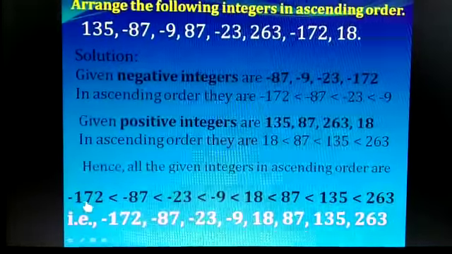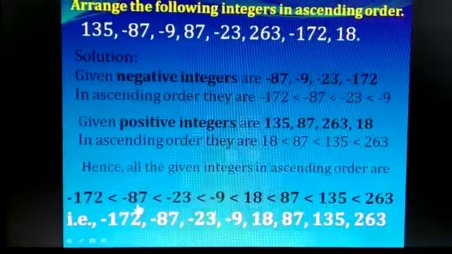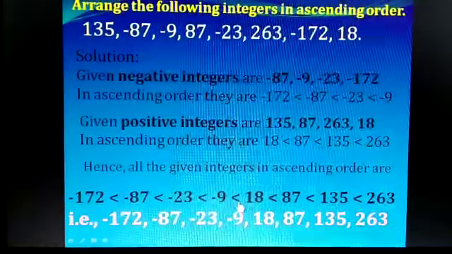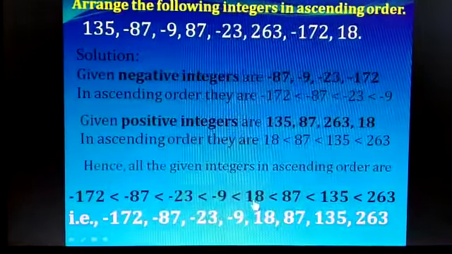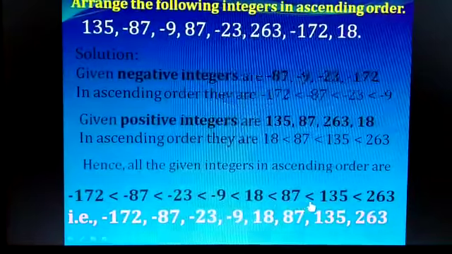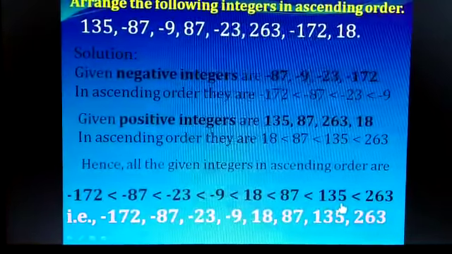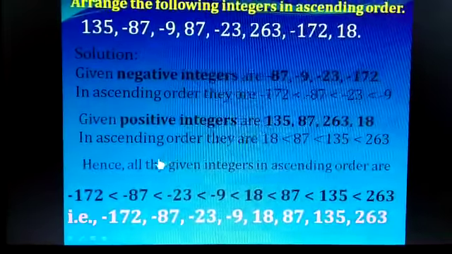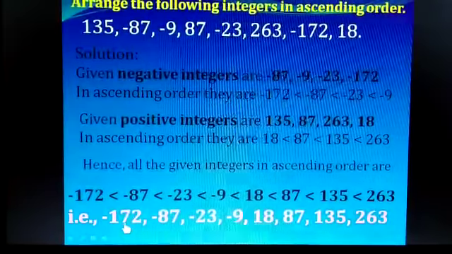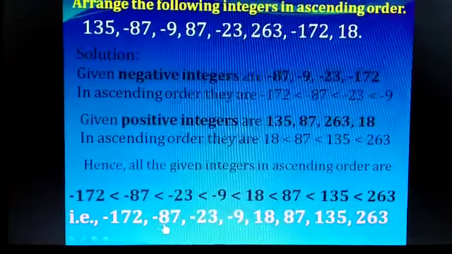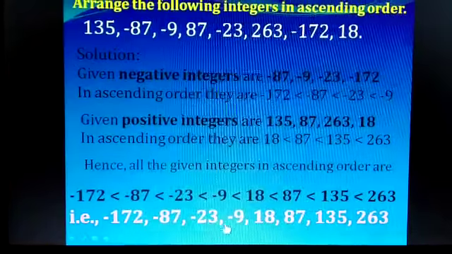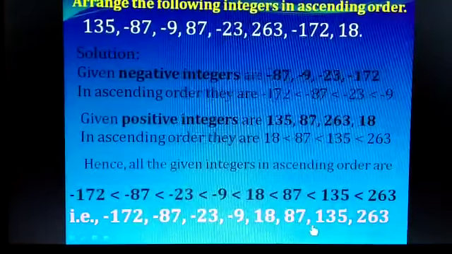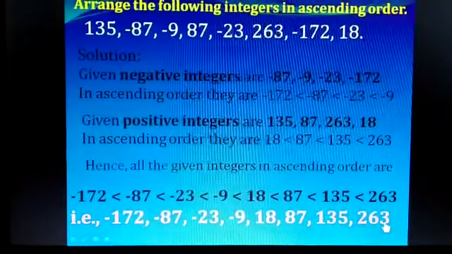Minus 172 is less than minus 87 is less than minus 23 is less than minus 9 is less than 18 is less than 87 is less than 135 is less than 263. That is, the ascending order is minus 172, minus 87, minus 23, minus 9, 18, 87, 135, 263.